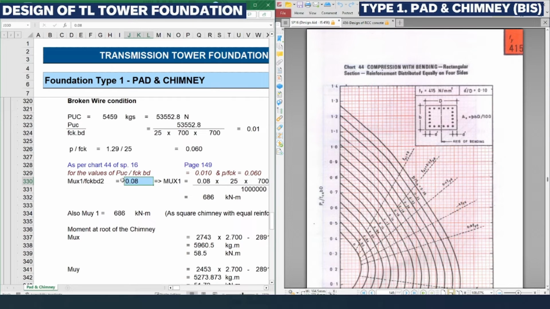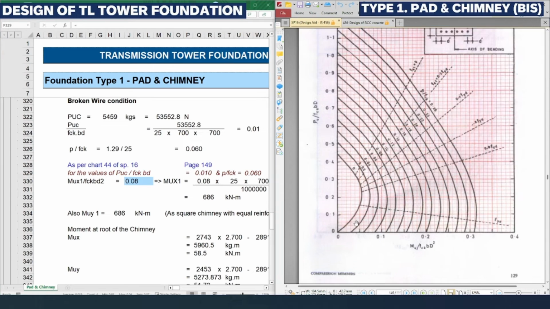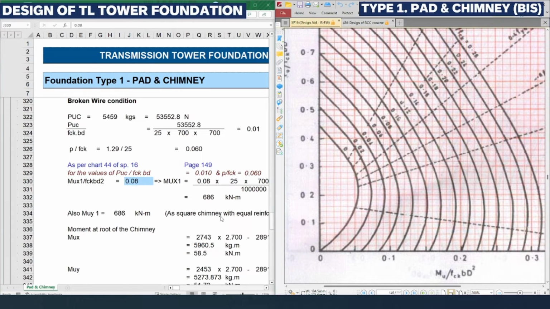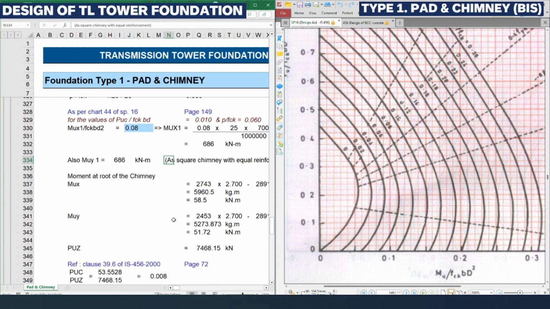So in this chart for 0.1 PUC by FCK BD and for PU by FCK 0.06 we are getting the value as 0.08. So applying that we can find out the bending moment carrying capacity of the chimney. So here also that MUY1 and MUX1 both are same, as it is a square chimney with equal reinforcement in all the 4 sides.